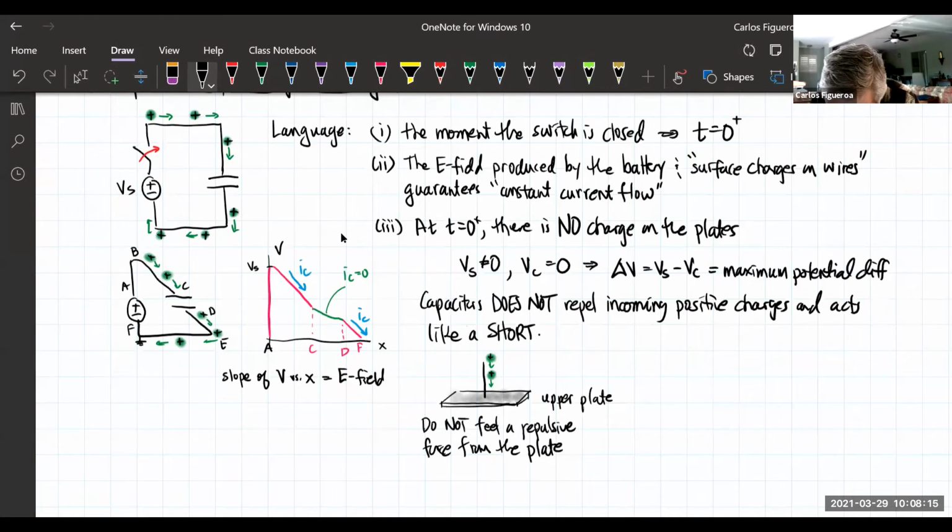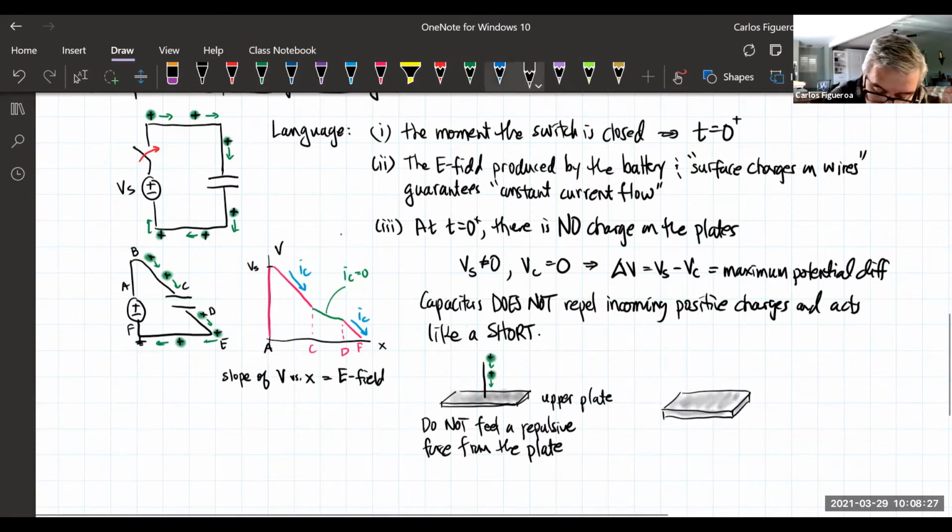However, if I now have current flow, right? If I now have current flow and I now have a buildup of charge, so now I have charges here on the plates here, right? And now if I have incoming charges, as these incoming charges are coming in, these charges are going to feel what?